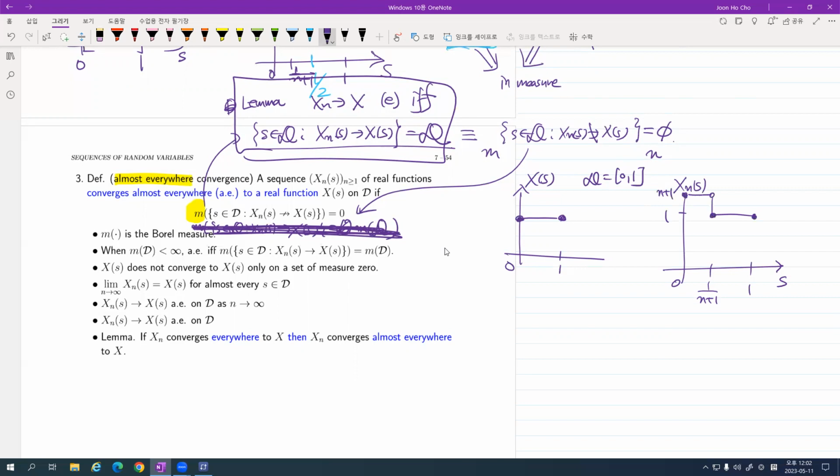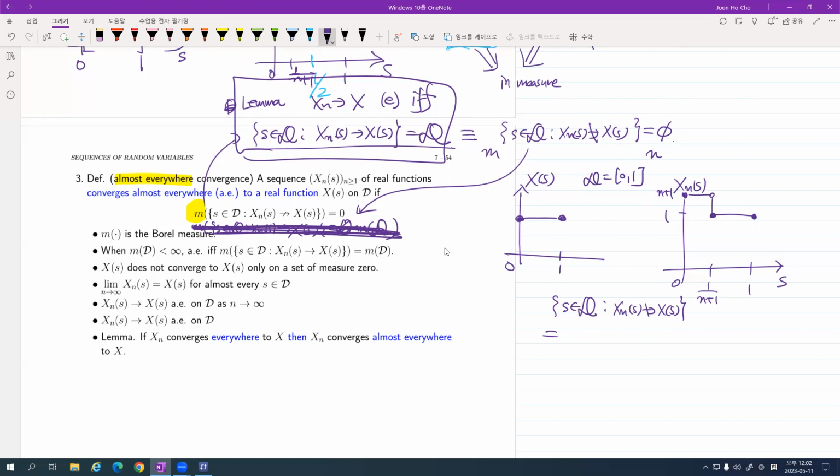Got it? Now, let's find the subset of D such that xn does not converge to x. What is this set? Of course, at 0, right?